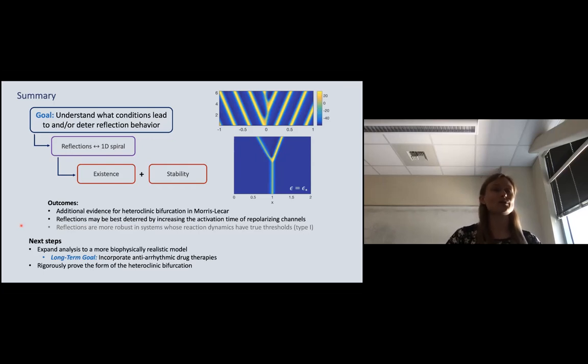And we want to do this because some antiarrhythmic drugs have been shown to actually reduce the probability of arrhythmia, whereas in some cases, some actually promote arrhythmias. And so we'd want to understand if it's related to this at all. And additionally, we've provided more numerical evidence for this heteroclinic bifurcation, but we still need to rigorously prove the form of this heteroclinic bifurcation.